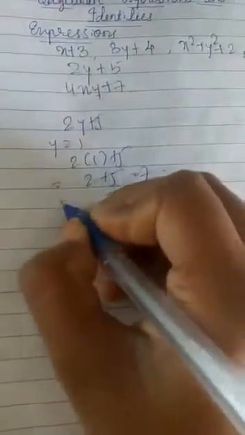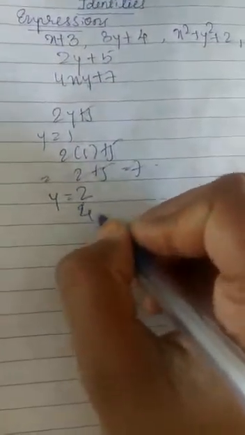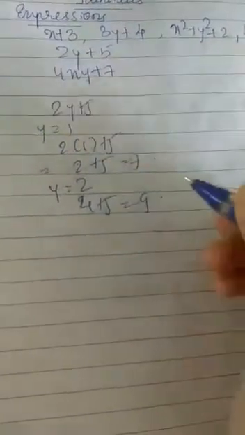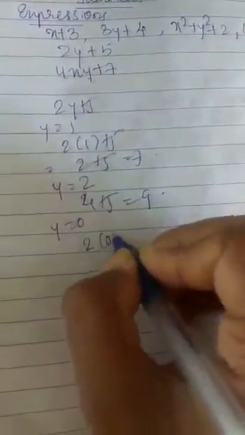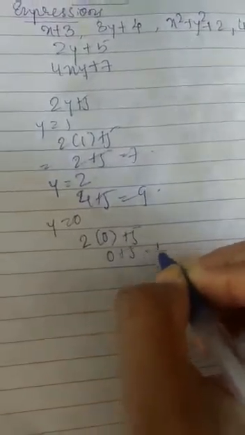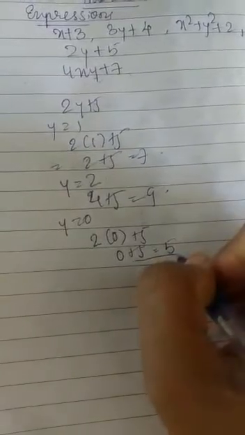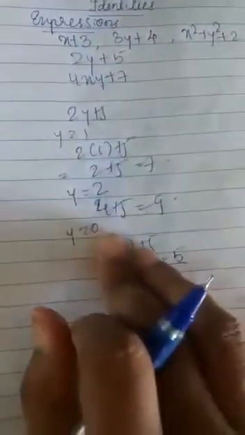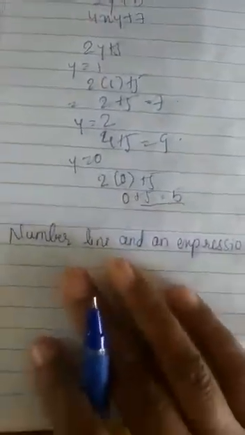Or y may be 2, then 2 twos are 4 plus 5, 9. If y is equal to 0, it is 0 plus 5, which is 5. It may be any value.